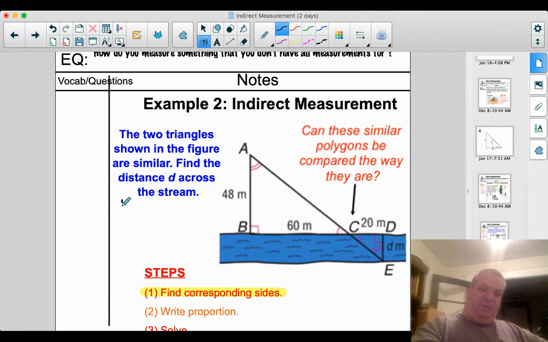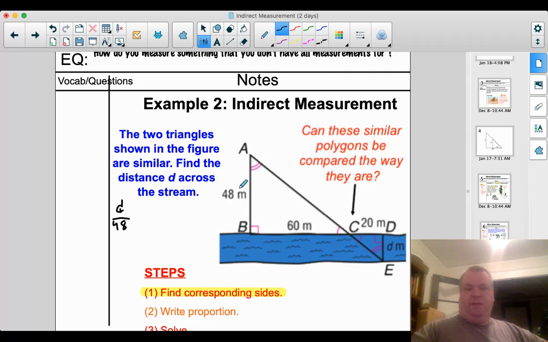And think about what side of the other triangle that corresponds to. Well, that's the side that's between the right angle and the one with the two arcs. So that's right here. So D corresponds to 48. This side would match up with this side.